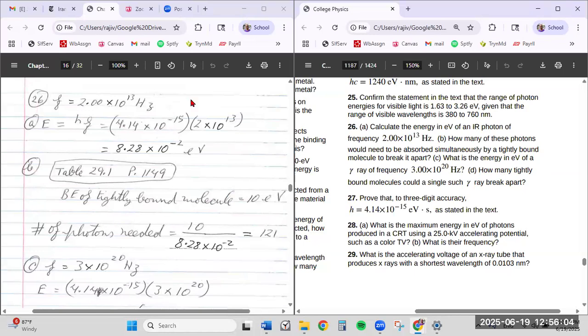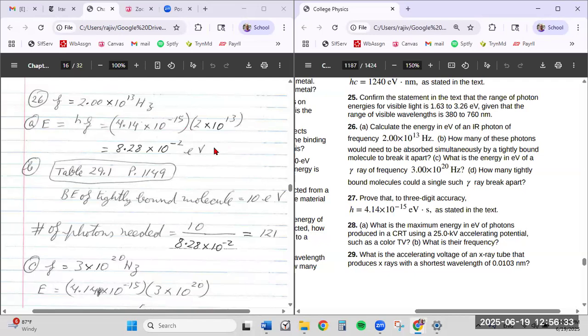So for the infrared, we are given that the frequency is 2 times 10 raised to 13, and you can calculate the energy using E equals hf. Since you have to calculate the energy in electron volts, we can use the value of Planck's constant in electron volt seconds, so 4.14 times 10 to the negative 15.